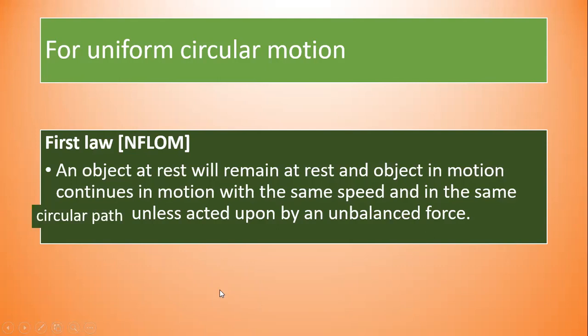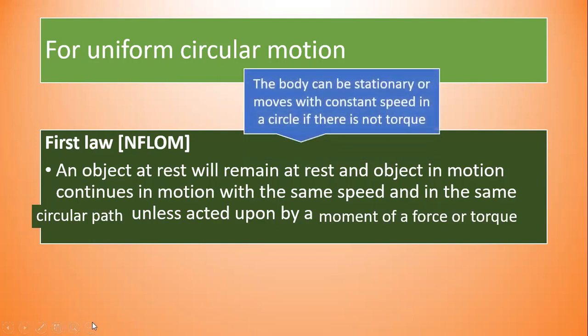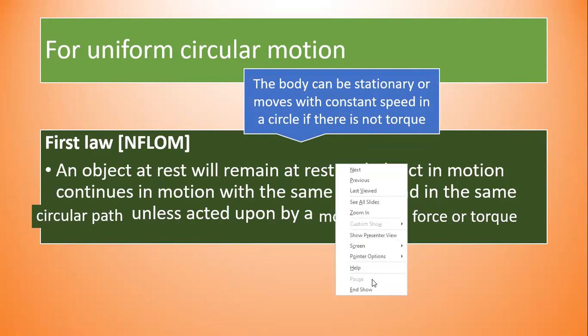Instead of the same straight line, we call it a circular path now. Instead of an unbalanced force, there must be a moment or torque. So a body can still be stationary or move with constant speed in a circle or circular path if there's no torque.